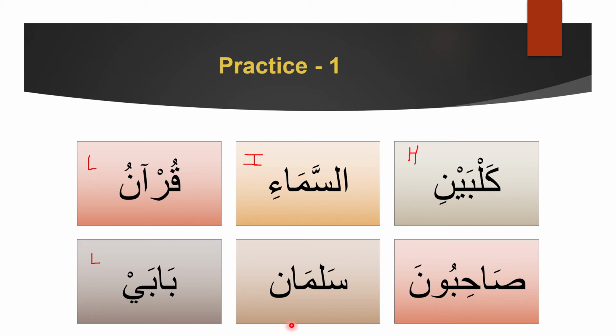Next. Salman. This is a good one. Salman. Go on. Is this a combination? Does this look like a combination? You know, I purposefully omitted this one. I could have put Salmana or Salmanu over here, but I wanted you to think. Look, this entire word is a name.